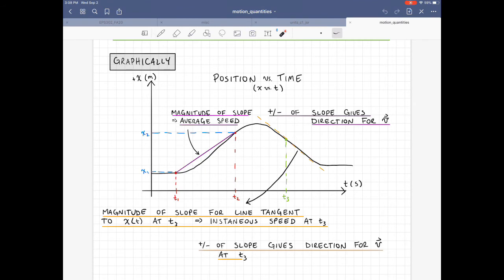And so the slope of that tangent line gives you the instantaneous velocity if you're taking into account the plus or the minus of the slope. And if you just take the magnitude of this slope, then the magnitude will be the instantaneous speed of the object. So again, this is for a position versus time graph. If you look at the slope between any two points, that'll give you the average velocity information. And if you look at the slope of any line tangent to a specific point, that'll give you the instantaneous velocity. So for position versus time, you're thinking about slopes to tell you something about the velocity.